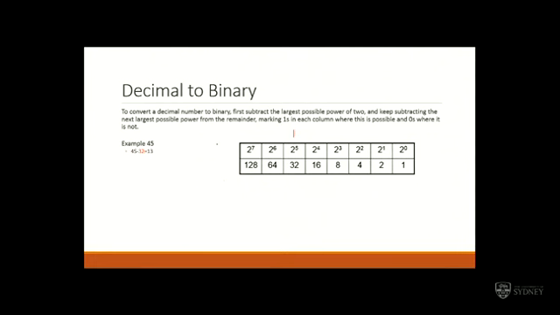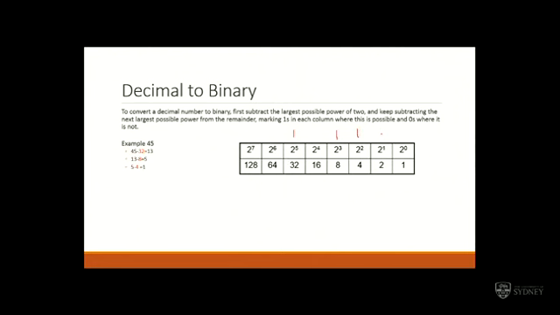So now we just continue to convert 13. Does 16 fit into 13? It does not. Does 8 fit into 13? It does. So 8 fits into 13 once, which leaves us with the remainder 5. 4 fits into 5.